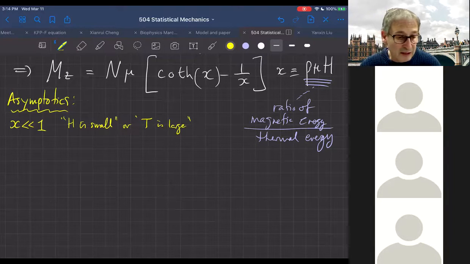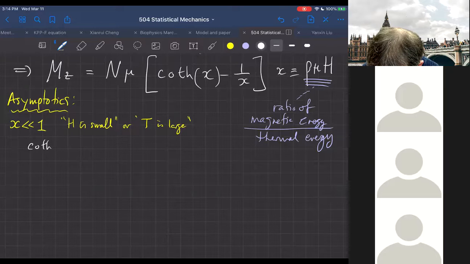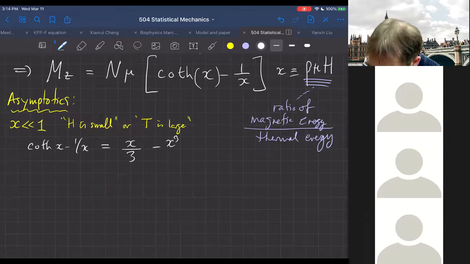So we either have a weak field or high temperature, but they're both the same thing. And in that limit, coth of x minus 1 over x turns out to be x over 3 minus x cubed over 45 plus order x to the 5th.